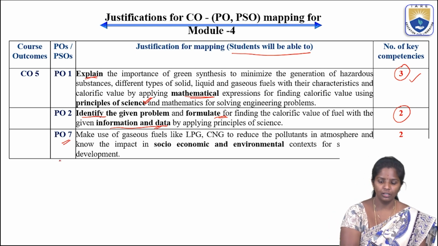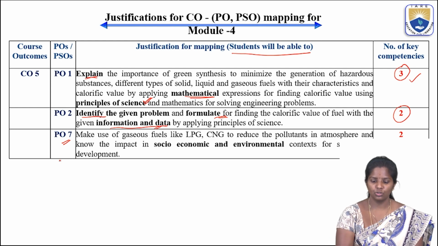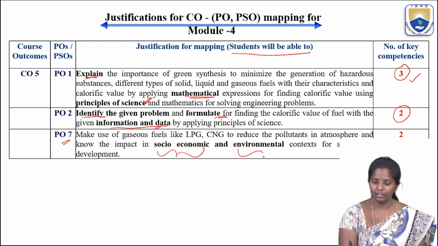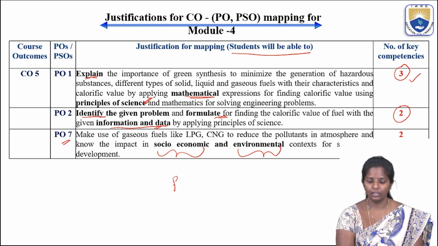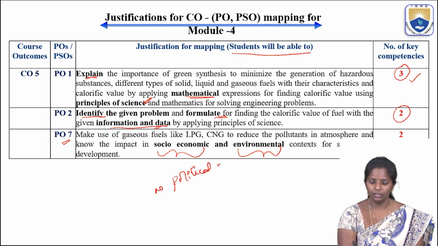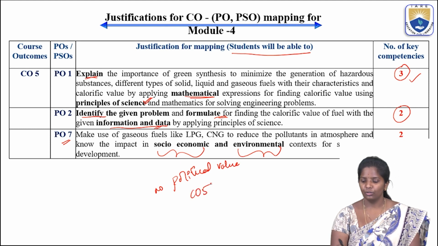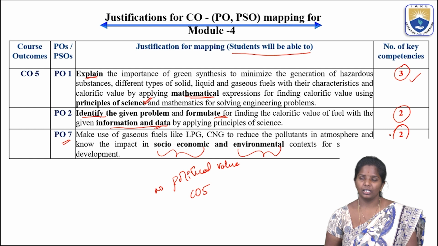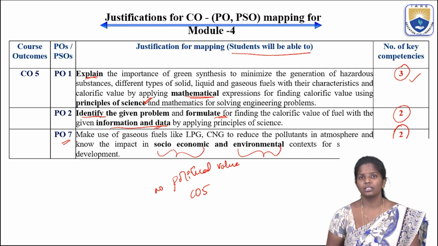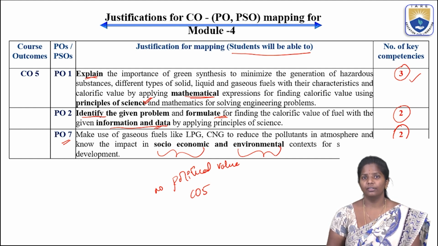Then PO7: in PO7, it is matching with 2, socio-economic and environmental. There is no political value here in this particular module, course outcome 5. Therefore, only 2 are matching, and 2 is given as the number of key competences for this course outcome when mapping with PO7.